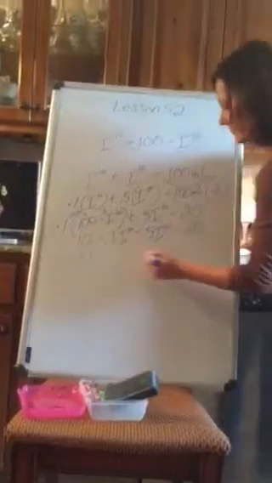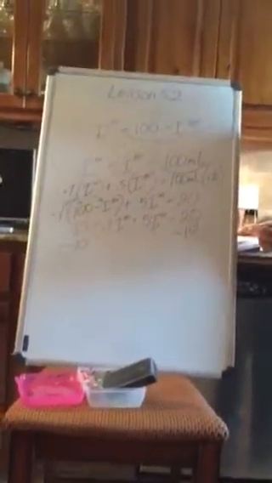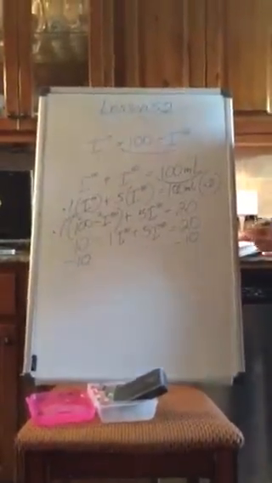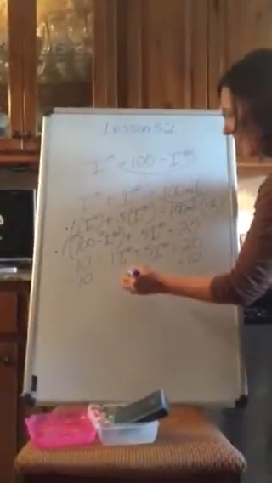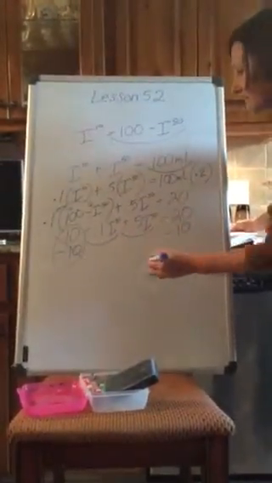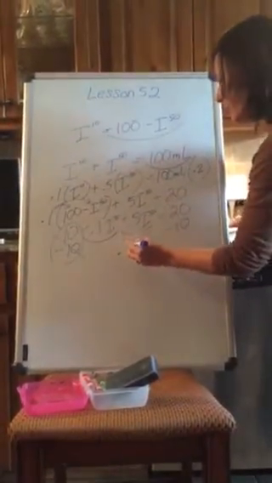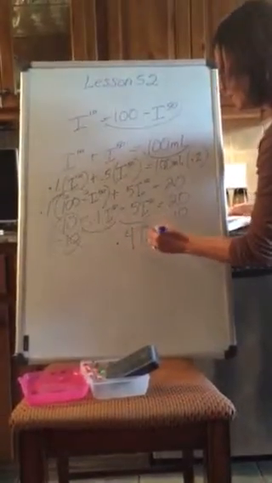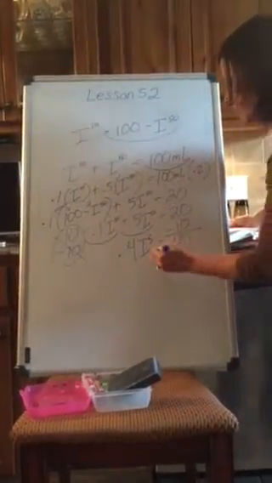Move my 10 to the other side, and my 10s eliminate. And I combine my I-50s, and I'm left with 0.4 iodine 50 equals 10.